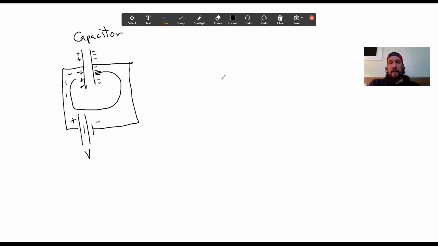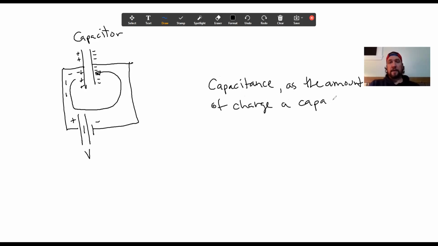Now we can define capacitance as the amount of charge a capacitor can hold or store per volt, right?